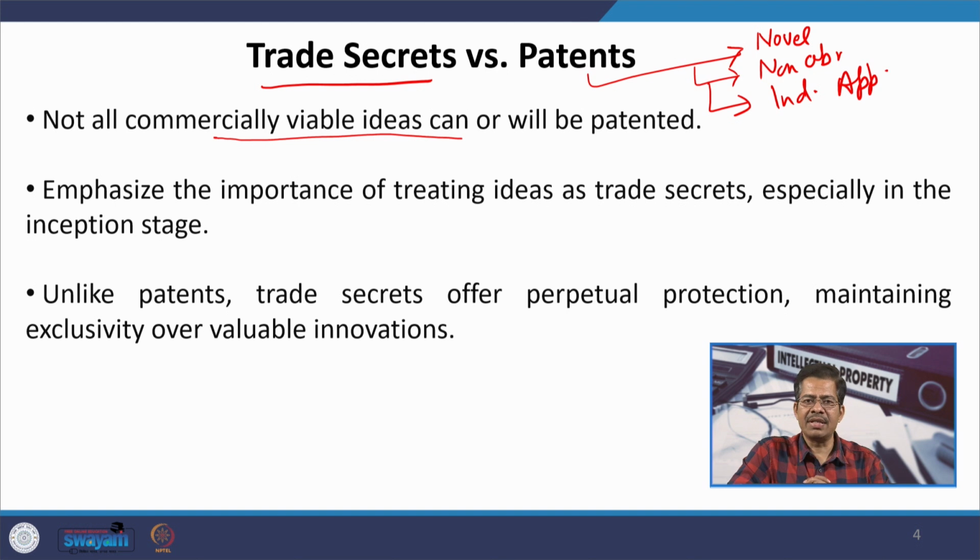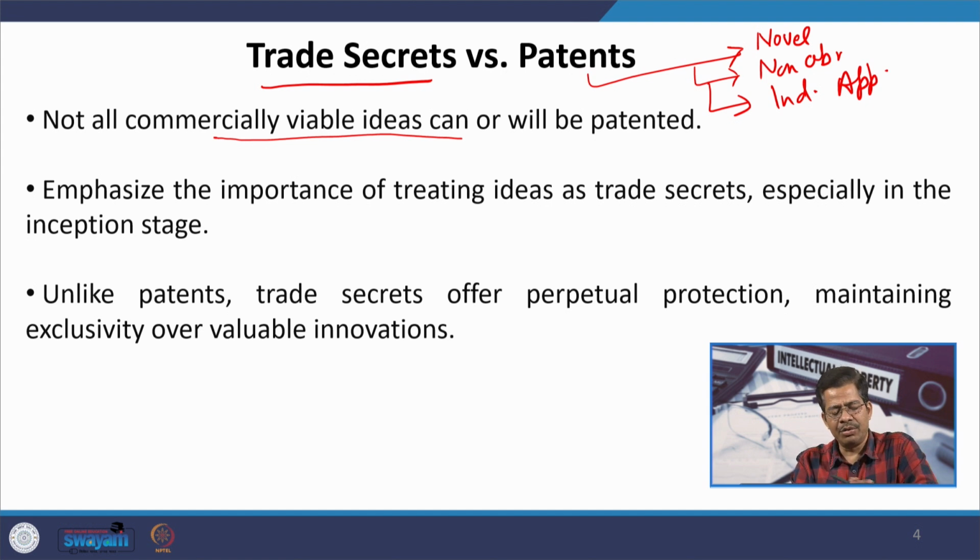So, in this case, because it is easy to copy your patent, you will not like to go for the patent, you will like to go the trade secret way. We again and again say the example of Coca-Cola, that is the best example we have in the trade secret, but similarly all these examples of important recipes are also a type of trade secret.